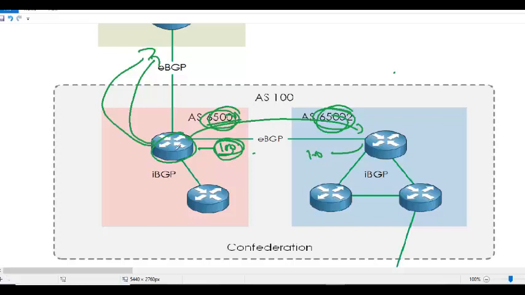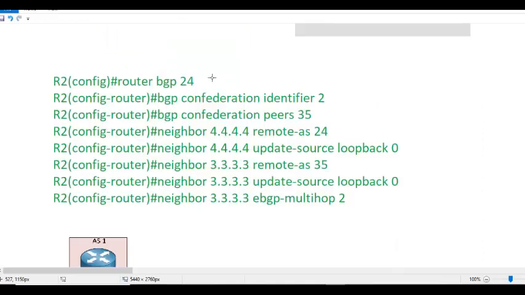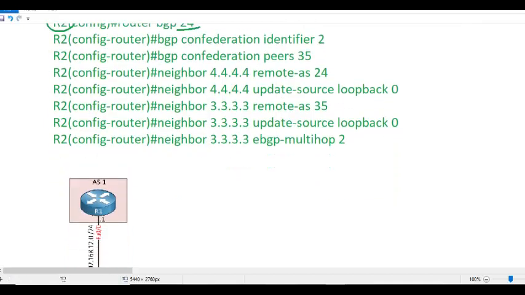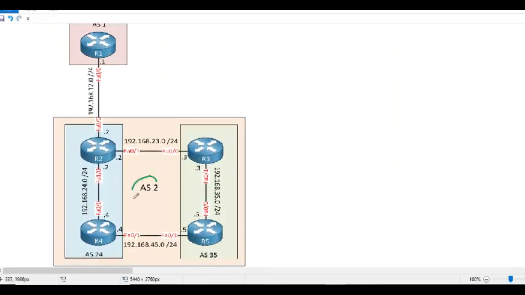But originally the autonomous system that you configured is this. If you see here, this is router 2. The original autonomous system number is not 24. The original autonomous system number is only 2, but the sub-autonomous system of router 2 is 24.